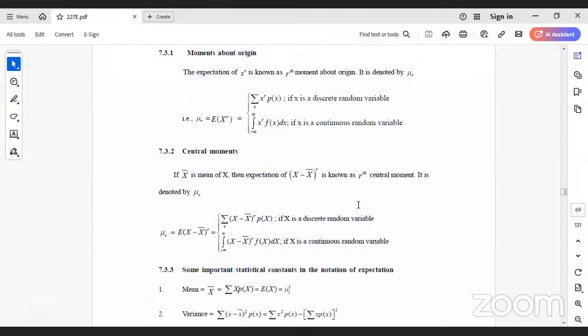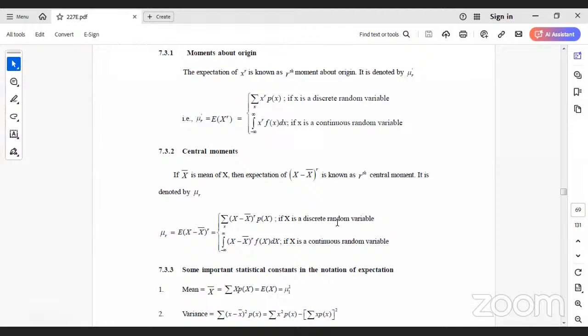Central moments. In central moments, x bar is the mean of x, then the expectation of x minus x bar whole power r is known as the rth central moment, denoted by mu r, that is E of x minus x bar whole power r.